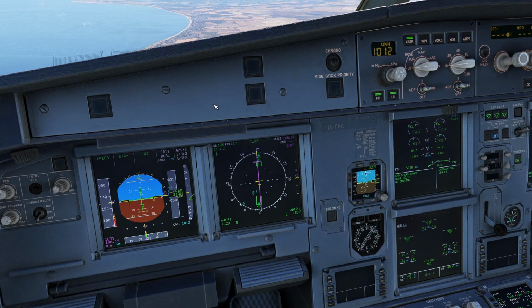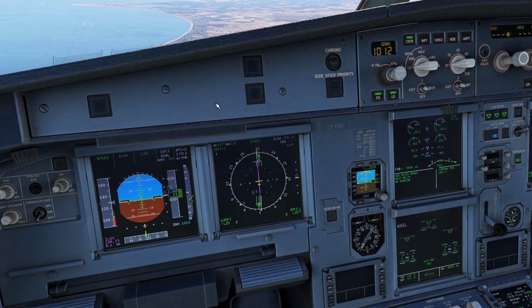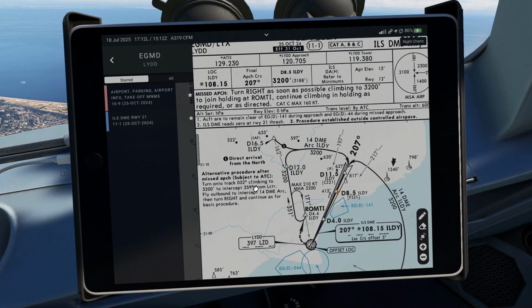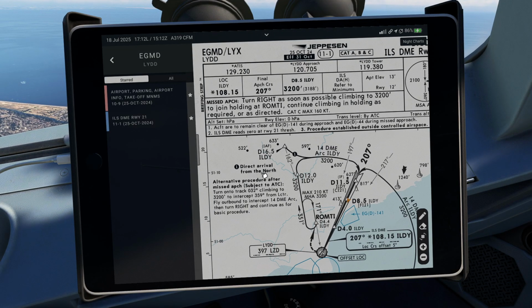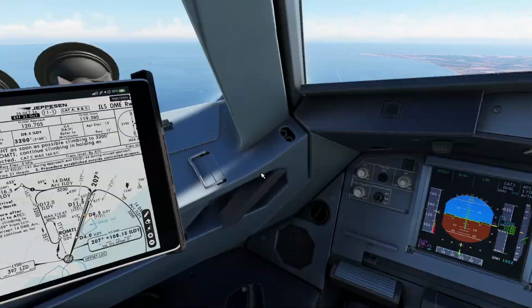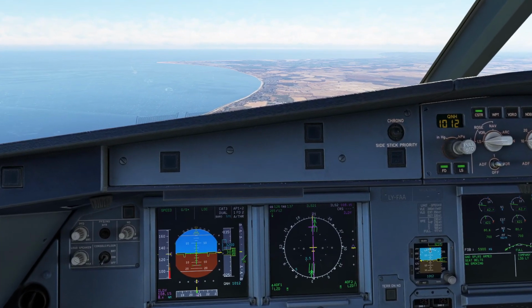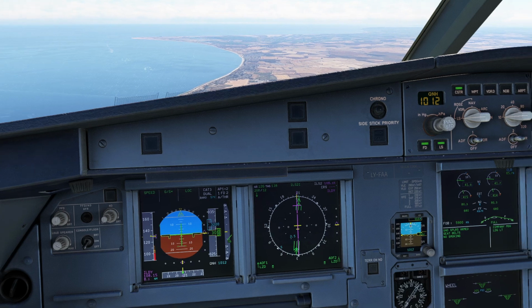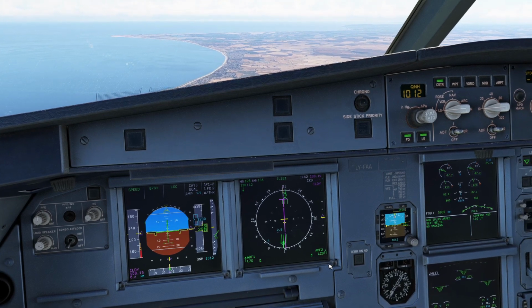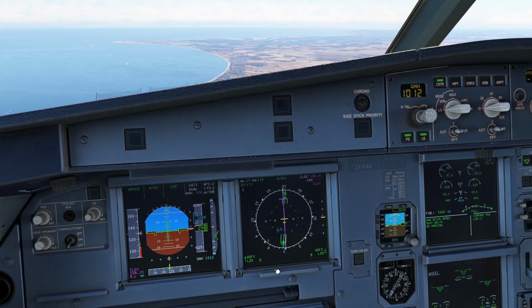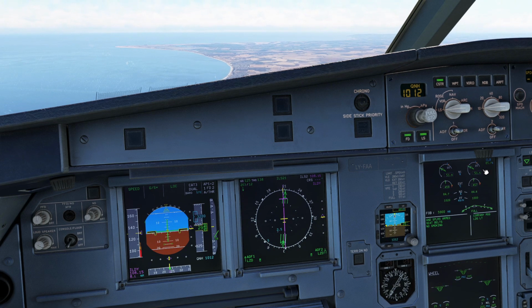GS star is approach altitude 3200, which is already set, and also we are on 8 mile ILS. The NDBs are set to Lima Zulu Delta and also selected on the FIS panel.